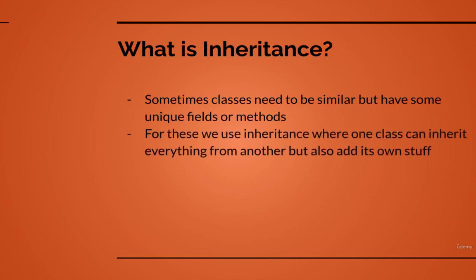When several classes, or it could just be two classes, are going to be quite similar, we can probably use inheritance. So what that means is that one class can basically inherit everything from another class, but also add its own stuff. Again, coming back to a video game character, a non-player character will have pretty much all of the same behaviors and attributes that a player character would have, or quite a lot of the same behaviors and characteristics.